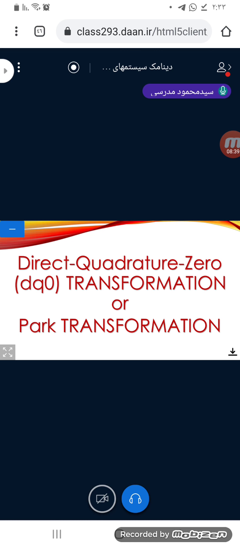Okay, now we want to tell you about the DQ0 transformation, which is named direct quadrature zero, or also named the Park transformation. Park is the name of the person who proposed this transformation.